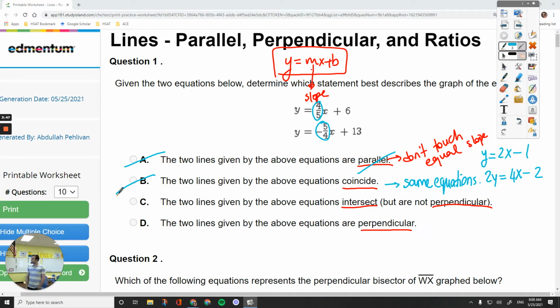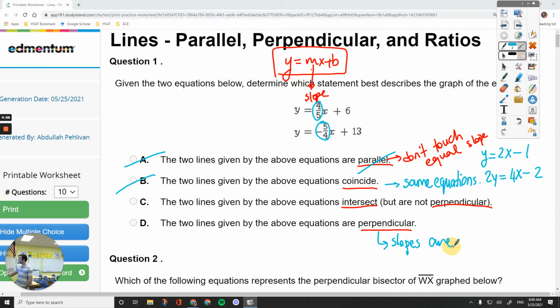The next option is the two lines intersect but not perpendicular. They do intersect, but they are going to be perpendicular. Let me explain the reason. The slopes in here are 4 over 5 and negative 5 over 4.